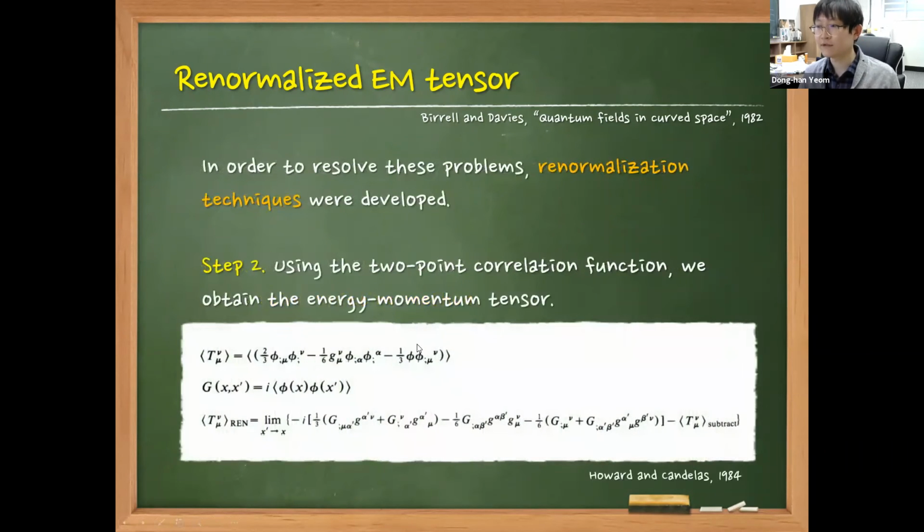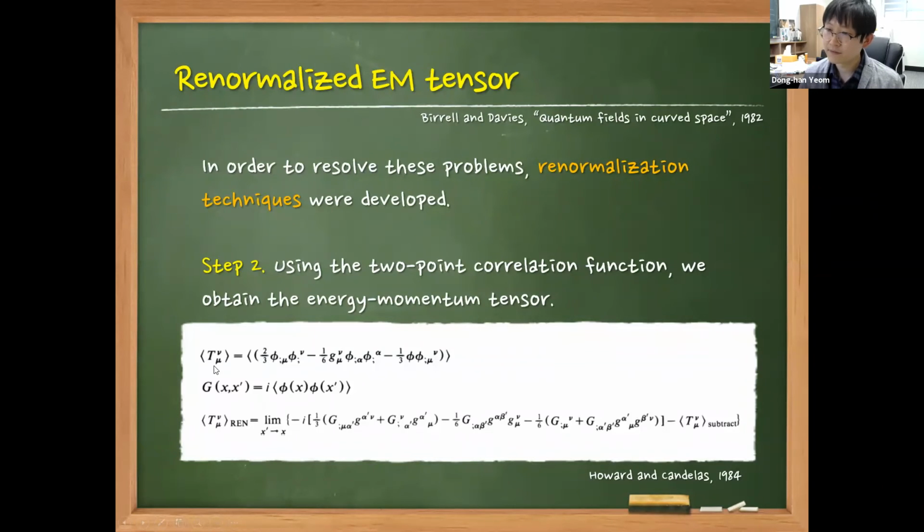And then by using this two-point correlation function, we obtain the energy momentum tensor by introducing many different complicated differentiations. For example, this is a very important paper by Howard and Candelas in 1984. And to my knowledge, this is almost the most generic form of the renormalized energy momentum tensor.